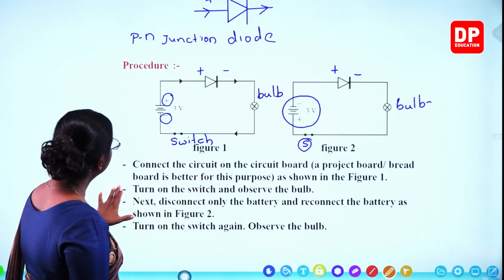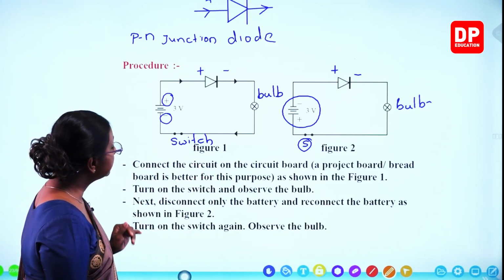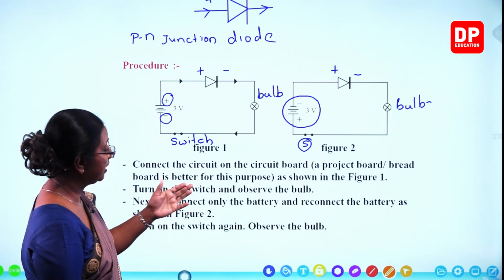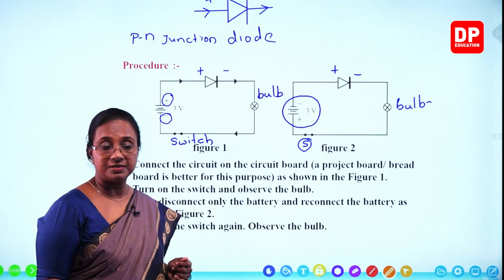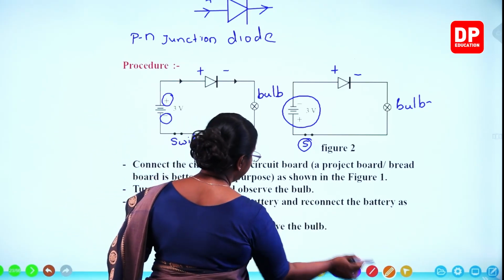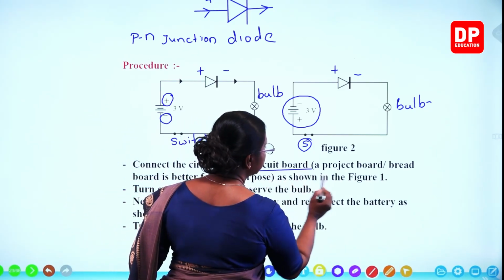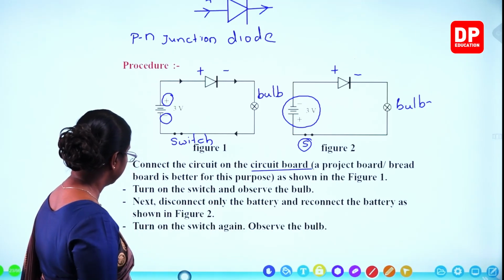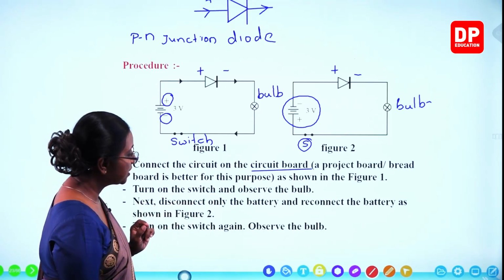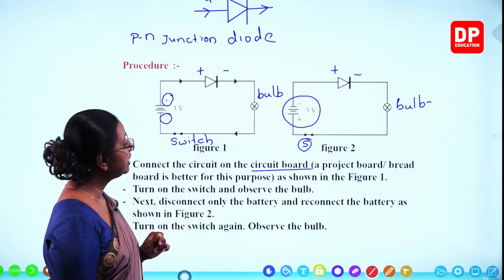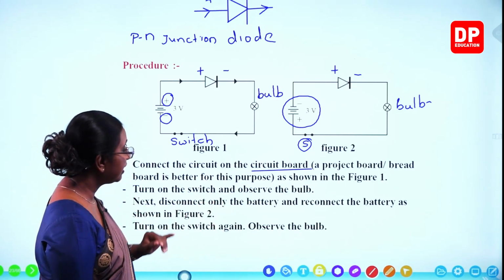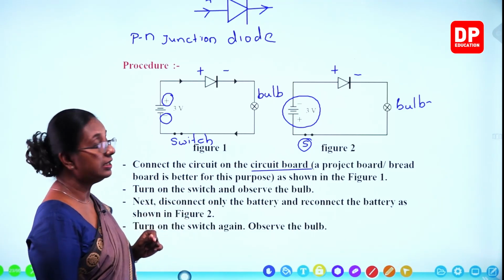Then, if you look at the procedure, connect the circuit on the circuit board. It can be a project board, but a breadboard is better for this purpose. So you use a circuit board as shown in figure 1. Turn on the switch and observe the bulb. Next, disconnect only the battery and reconnect the battery as shown in figure 2.